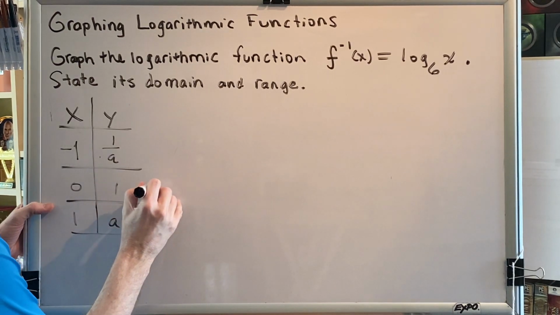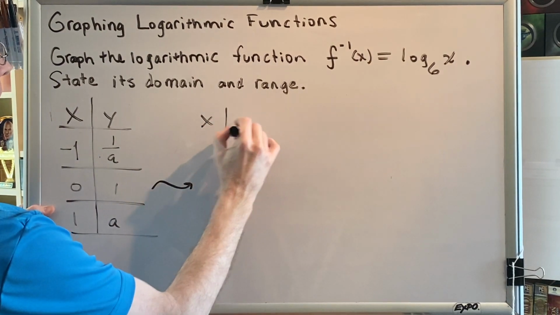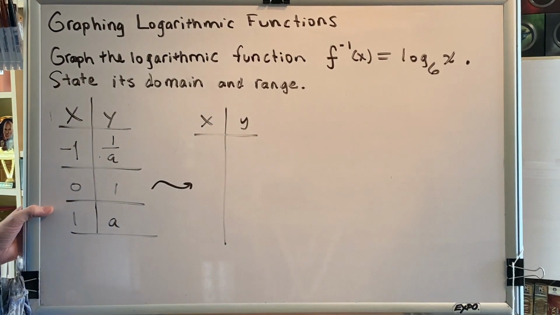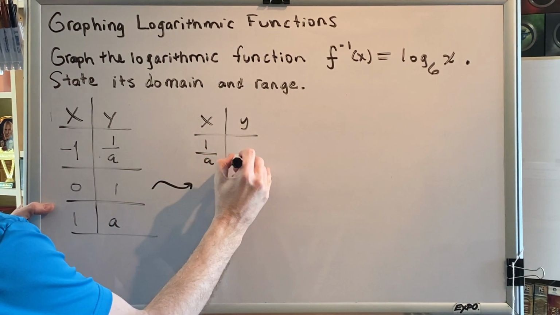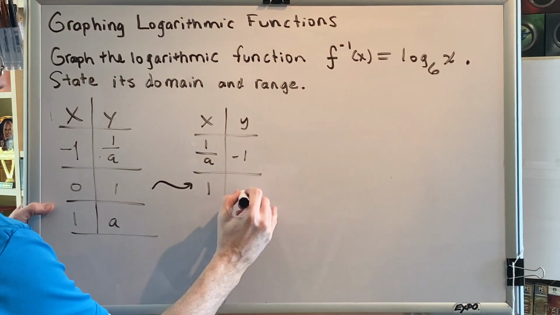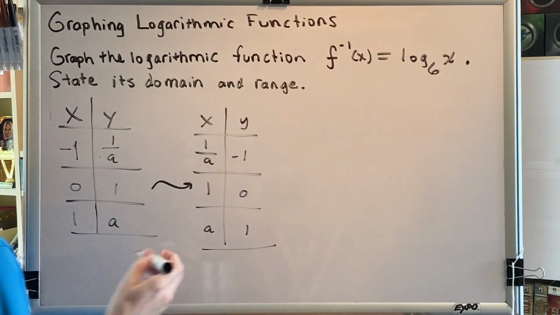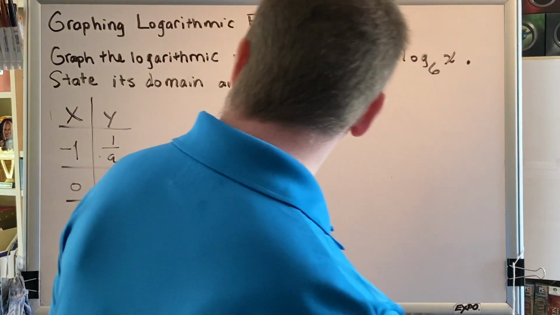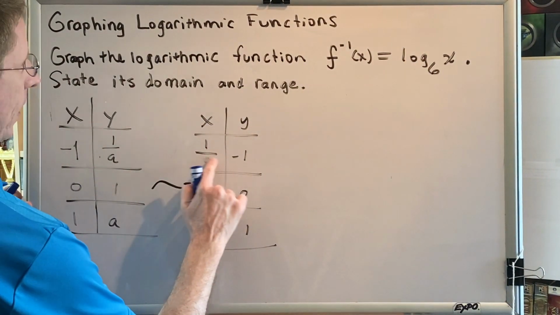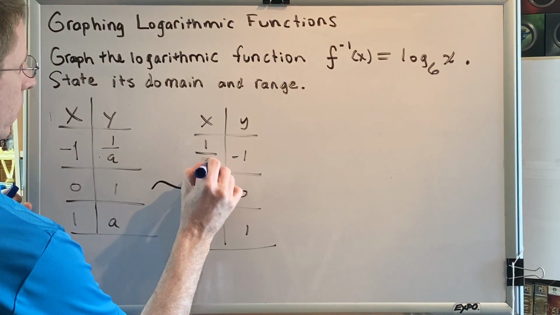This will help us to now create the graph of the logarithmic function by swapping all of the x's and y's and replacing a with 6. So we'll have 1 over a, negative 1, 1, 0, and a, 1. A, for this problem, is 6, so we will change the a here and here to 6.